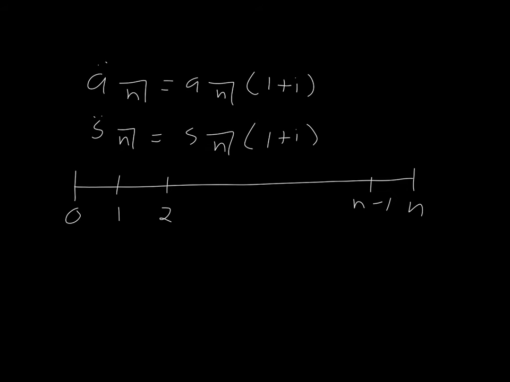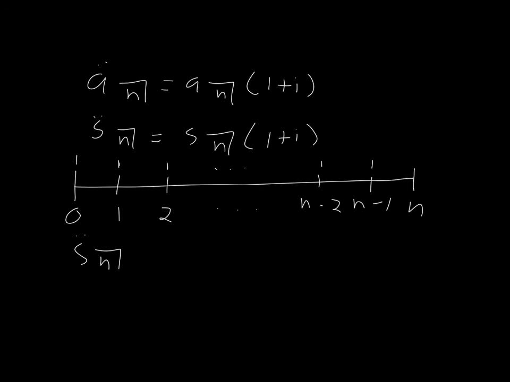This is what they call the now you see it, now you don't approach. So the payments are, again, at the beginning of each period. So consider, first of all, s double dot angle n.